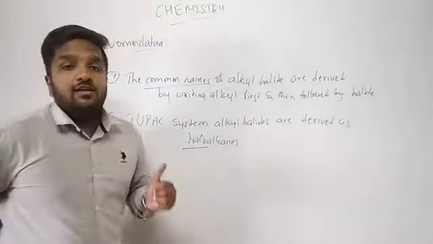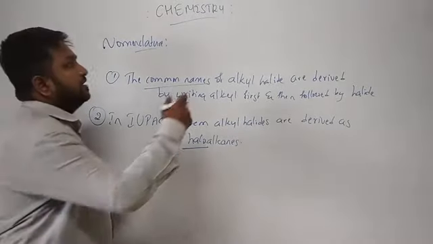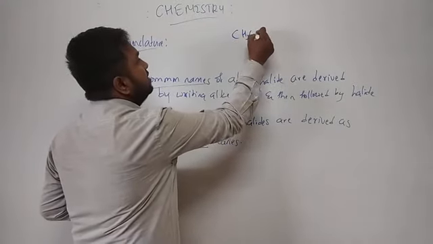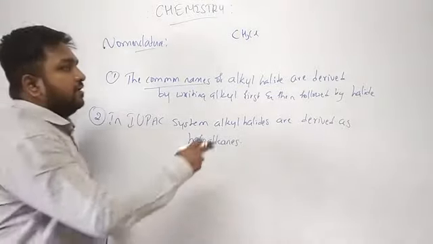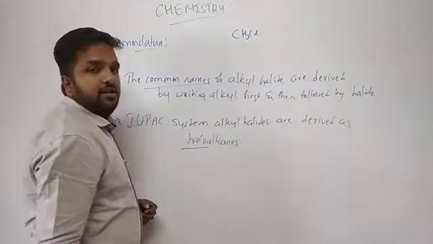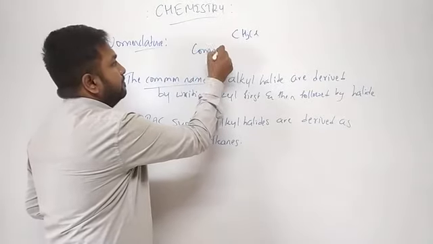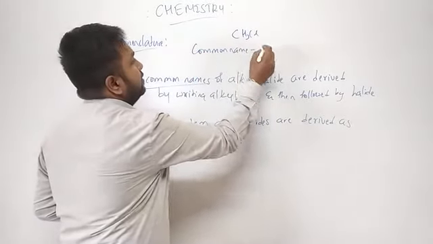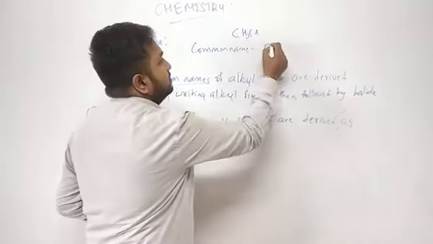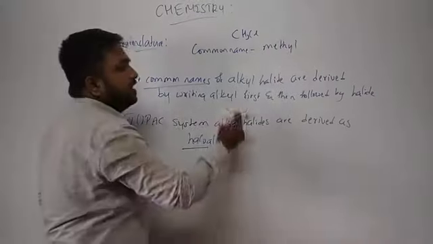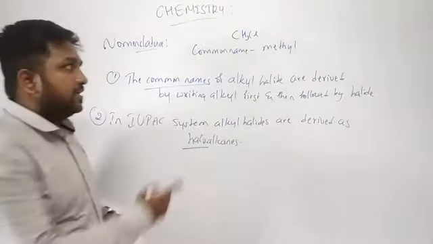For example, for the same compound CH3Cl, the common name will be first the alkyl group, that is methyl, and then followed by the halide group, that is chloride.